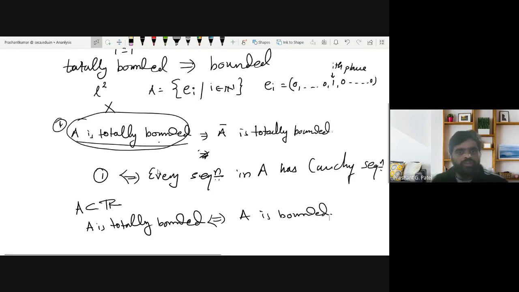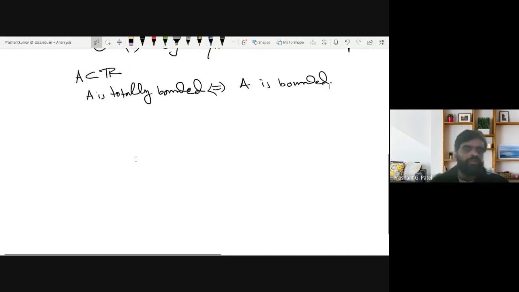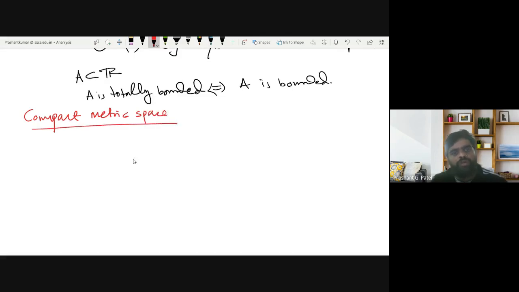So with this recall, we have to define the next very important concept which will be very useful for your further study also. That is a compact set, compact metric space. When you are in further study, you require some space, then all the time they are defined as a compact metric space.